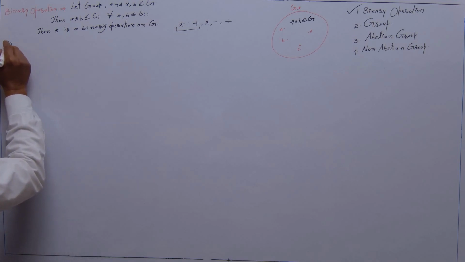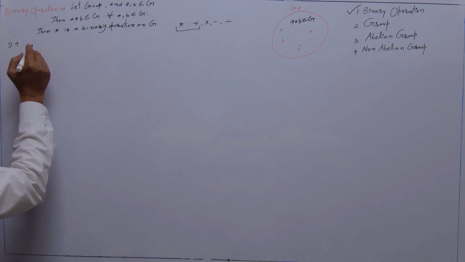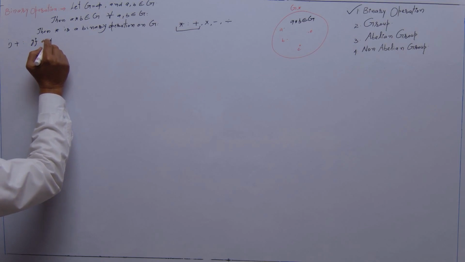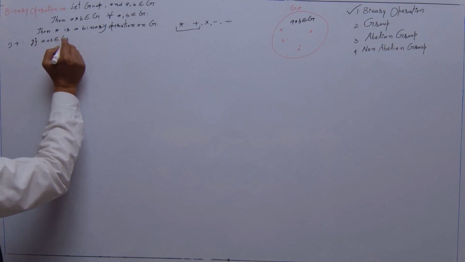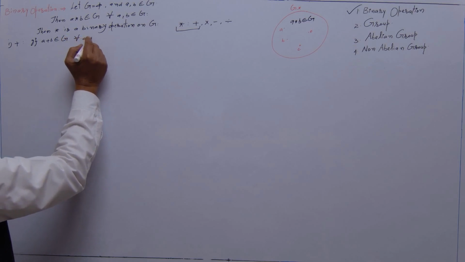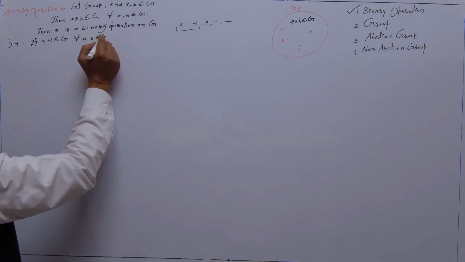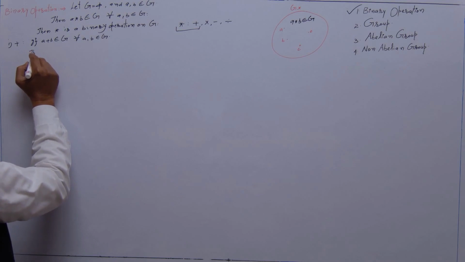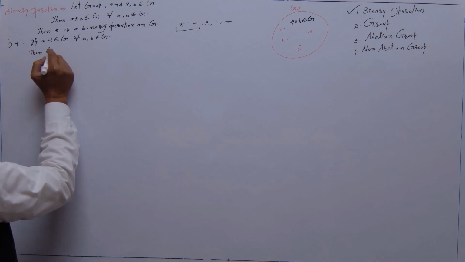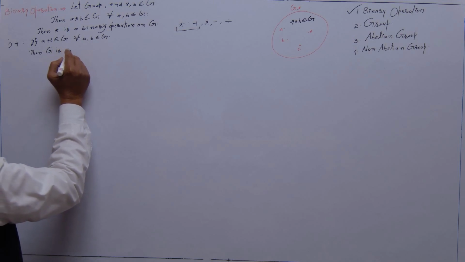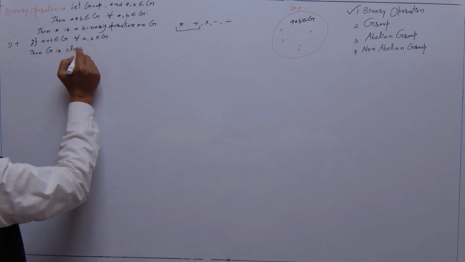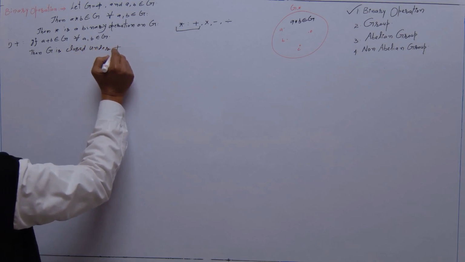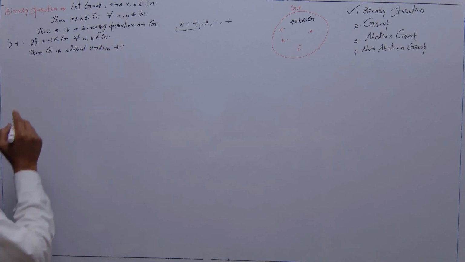Number one, under addition: if a plus b belongs to G for every a, b belonging to G, then G is closed under the binary operation plus.